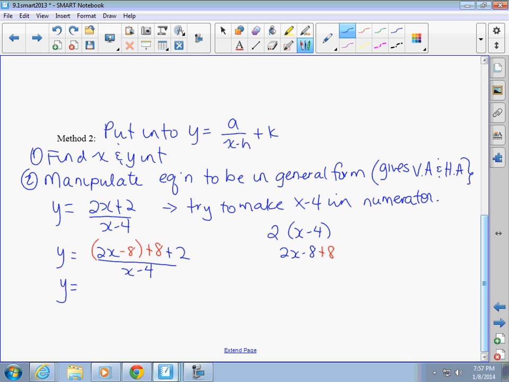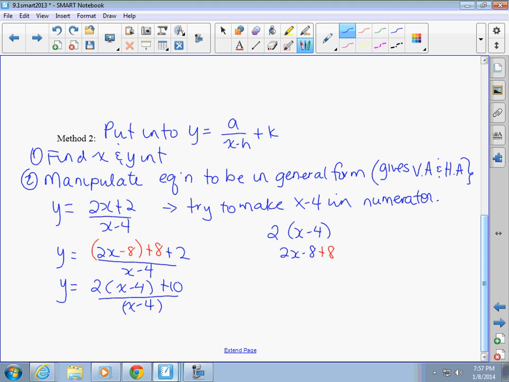By putting my 2x minus 8 in a bracket here, I can GCF there, and I have 2 times x minus 4, plus 8 plus 2 means I have plus 10 over x minus 4. So now that I have an x minus 4 in the top and an x minus 4 in the bottom, I can do some canceling.